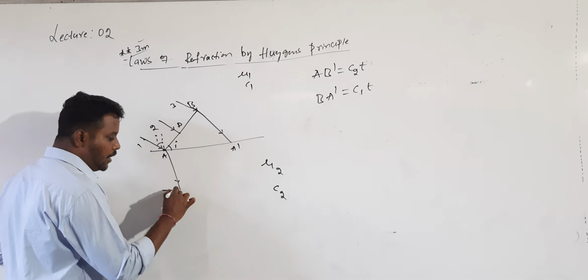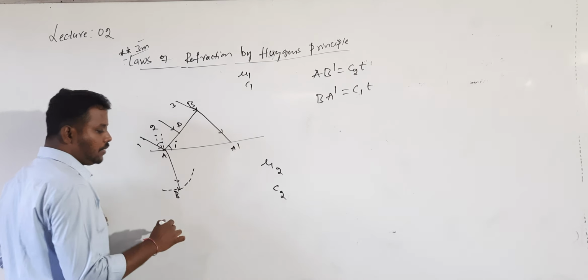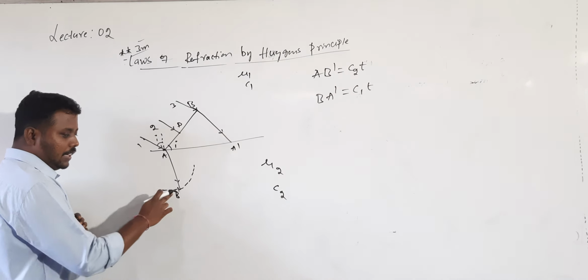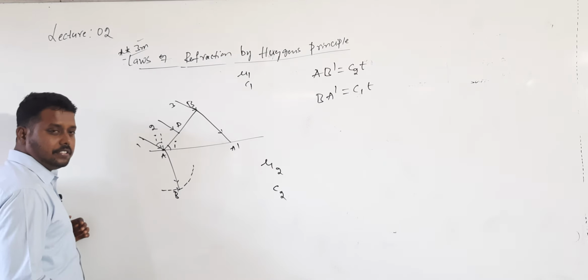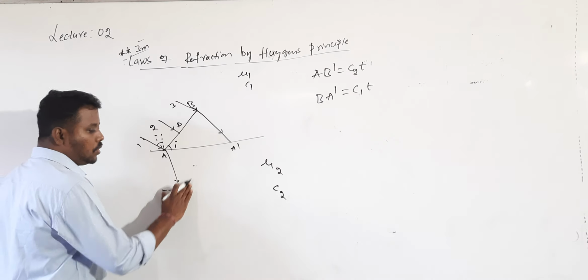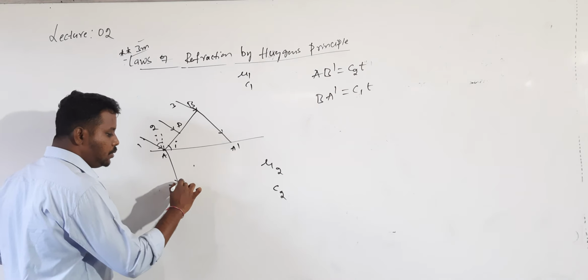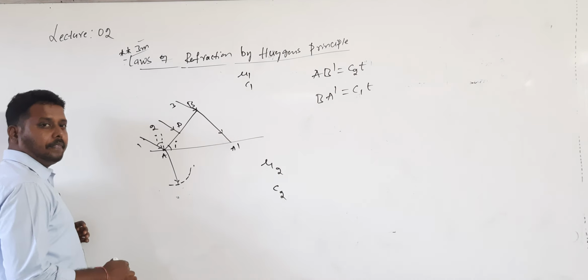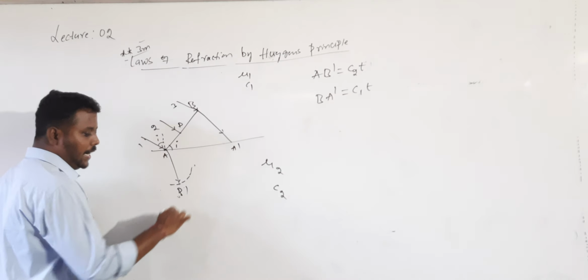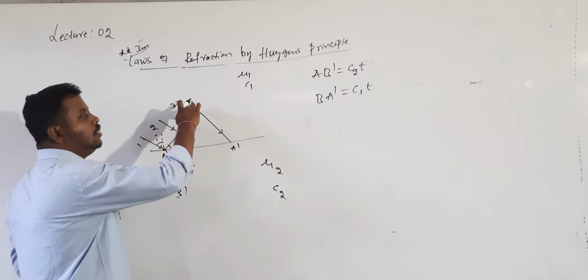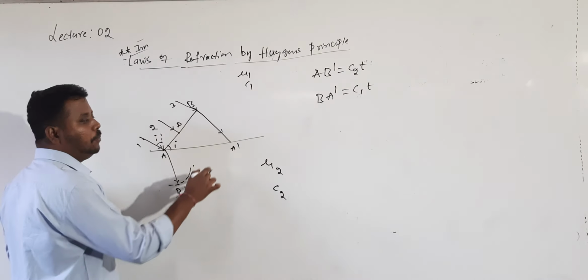Instead of drawing a sphere, let me draw one arc. I will make it somewhat small. This is one arc, and I name it B'. Similarly, I can draw one from B also, and I get one more arc.